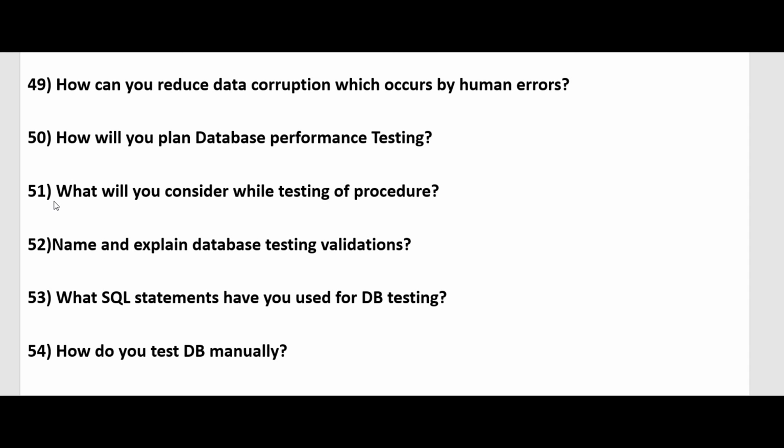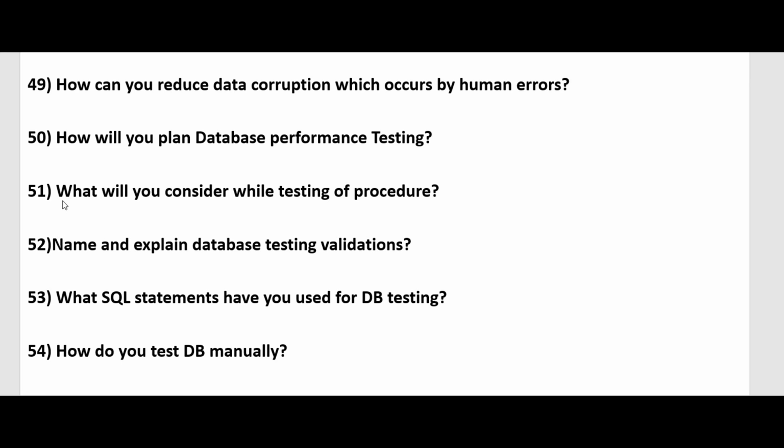What will you consider while testing procedures? Relate to the business requirements, the procedures written, or whatever you're going to test. Check the number of rows affected in the output, the extracted records, what it is supposed to do and not supposed to do. Write queries to test if a stored procedure is extracting the correct data.